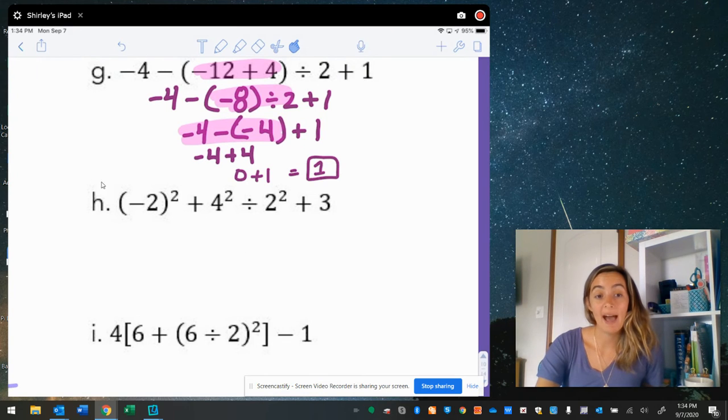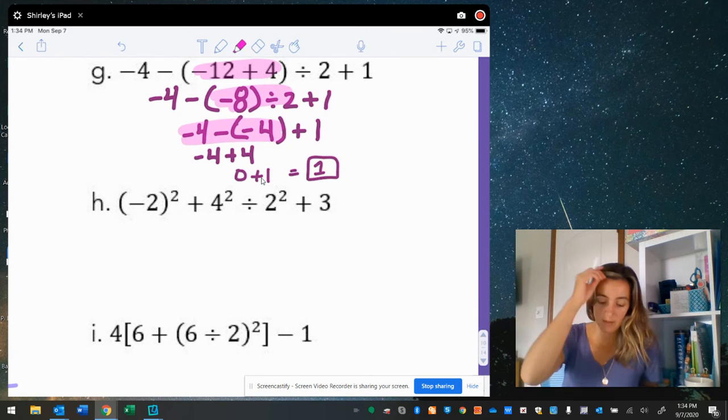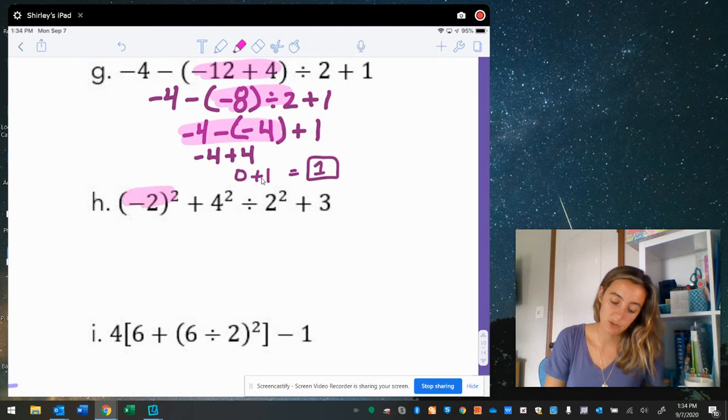For H, I have a set of parentheses, but there's nothing to simplify in my set of parentheses. So now I'm going to move through and simplify all of my exponents. So I have negative 2 squared, I have 4 squared, and I have 2 squared. Keep in mind that this is what I was talking about in the beginning. So I have everything in parentheses. So everything is getting squared.